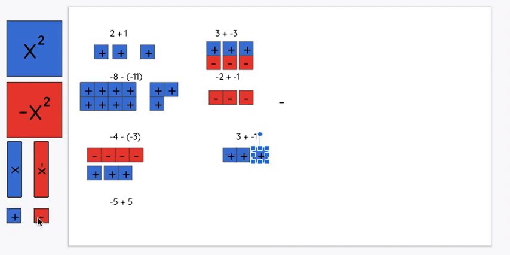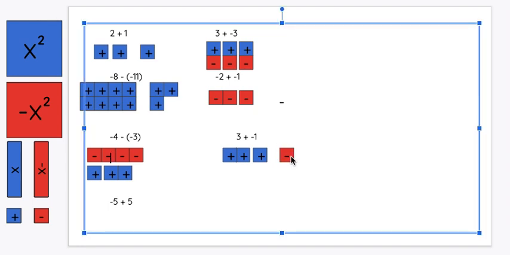So you have 3 plus -1. So here's that -1. I'm going to go ahead, for example purposes, how I would show my kids, I would, oh my gosh, if I can grab it, it's not wanting me to grab it. Anyways, I would put the negative unit on top of the positive unit and it would cancel out and you're left with 2 positive and your answer is +2.